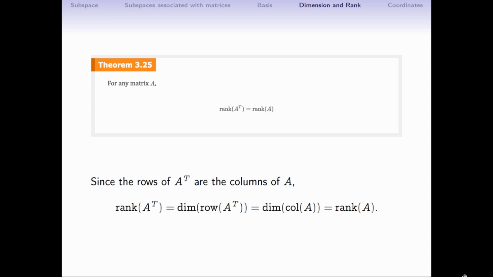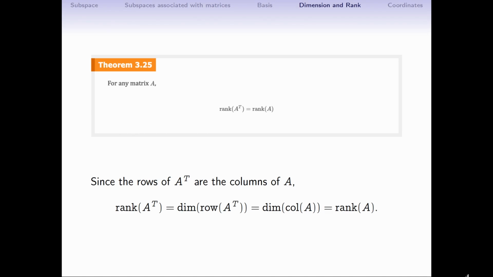So, when we want to think about the rank of A transpose, one way to think about that is it's the dimension of the row space of A transpose. But the row space of A transpose is the column space of the matrix A. So that's equal to the dimension of the column space of A, but that is, by definition, the rank of A. So the rank of A transpose equals the rank of A.